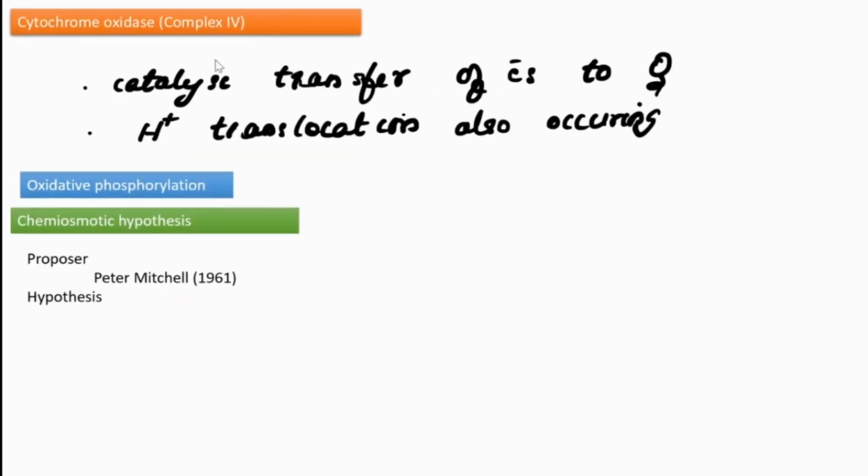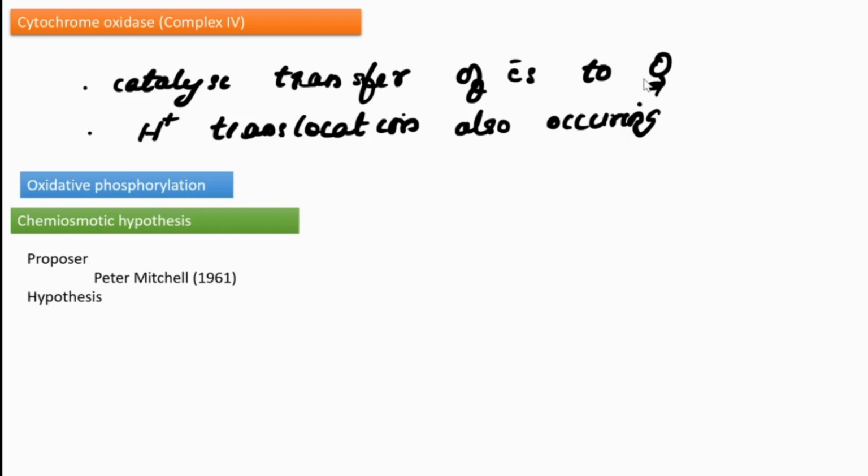Next, cytochrome oxidase, complex 4. What is happening with regard to this complex? Cytochrome C carries the electrons through complex 4 and finally transfers them to oxygen.